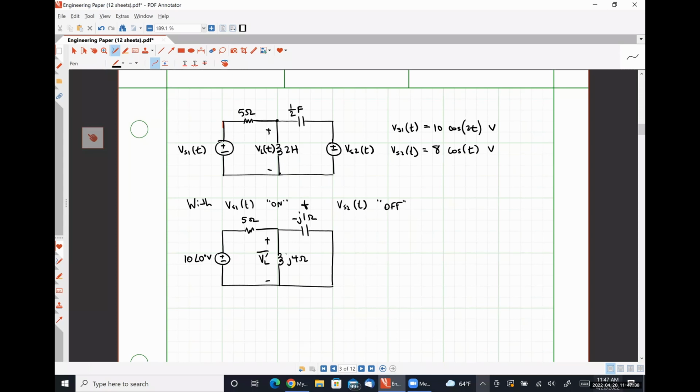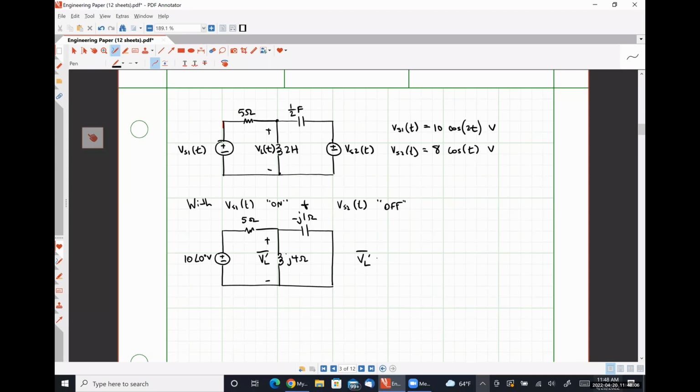So how would we go about doing that? Just voltage division the one time. Yeah. So our inductor and our capacitor are in parallel, so we can just do voltage division where we're finding the voltage drop over that parallel combination, right?